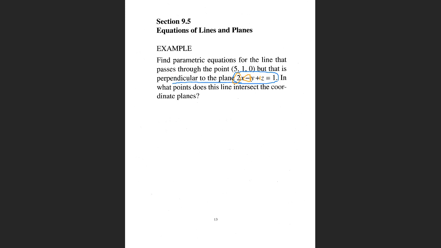Let me phrase it another way: the plane has coefficients 2, -1, and 1 in front of x, y, z.